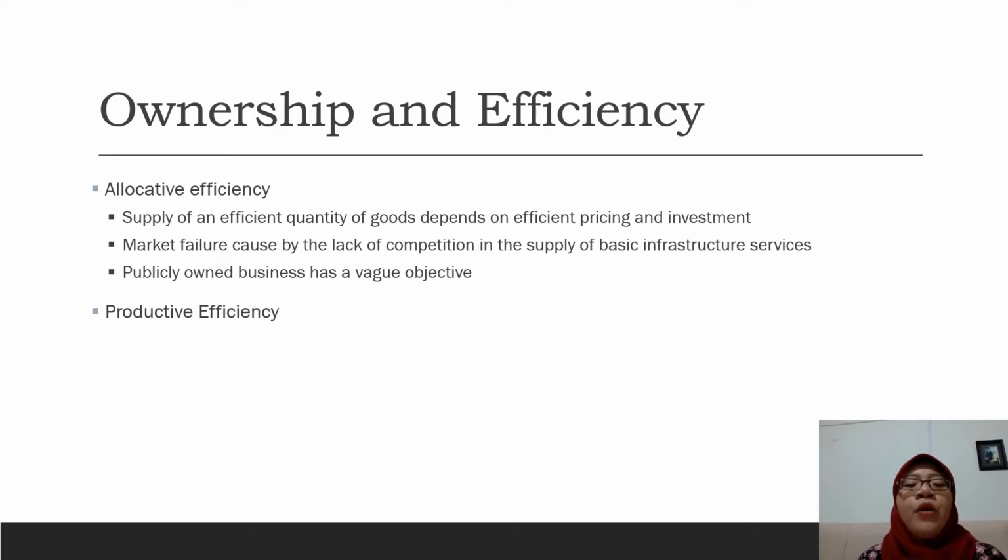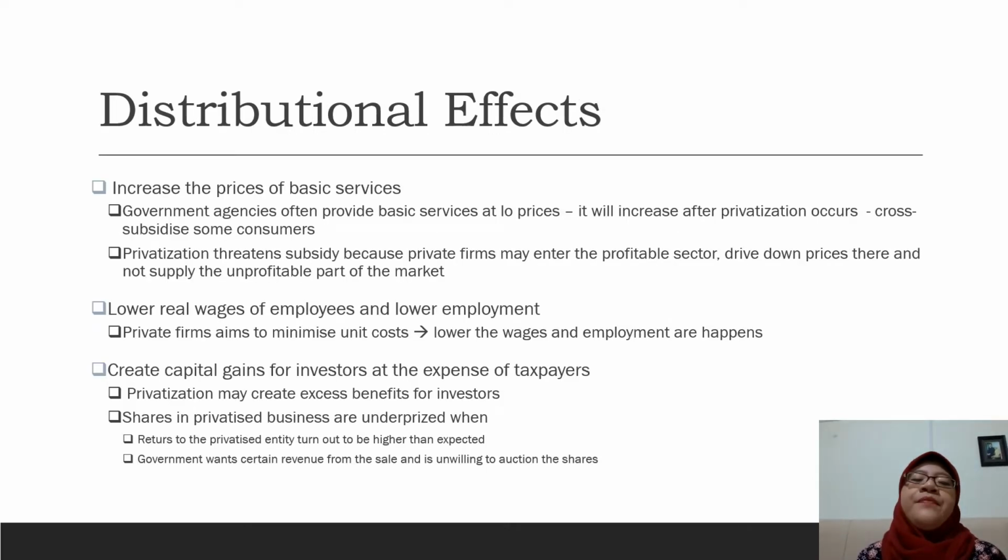Also, publicly owned businesses usually have very stagnant objectives. With productive efficiency, they try to improve productivity. This is why privatization increases allocative efficiency.